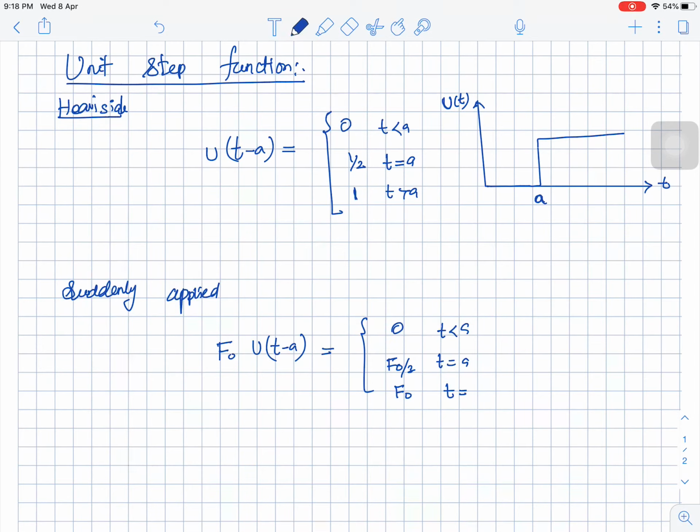So we are applying the load at t equal to a. This is a, this is t, this is f naught u of t.